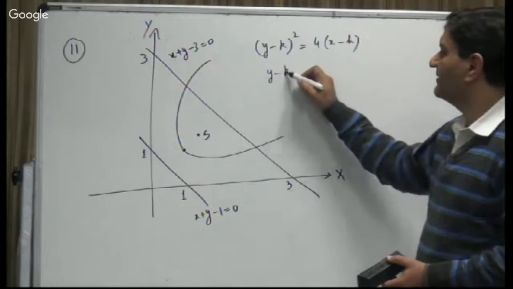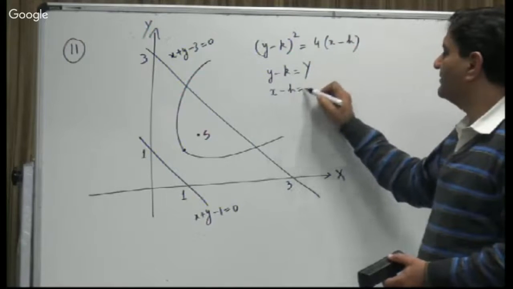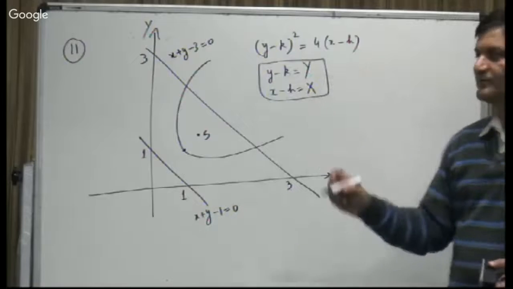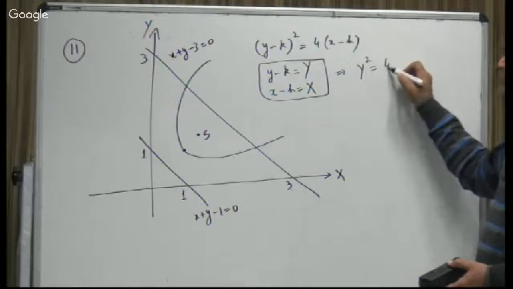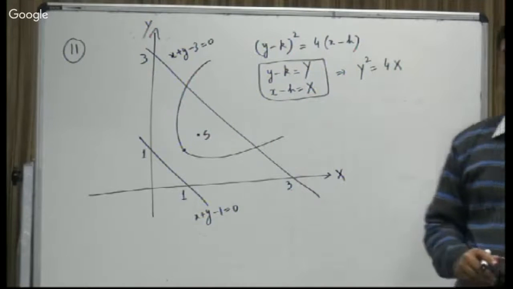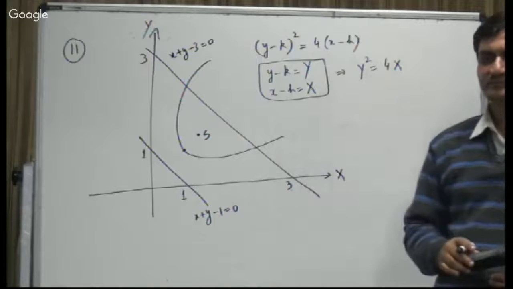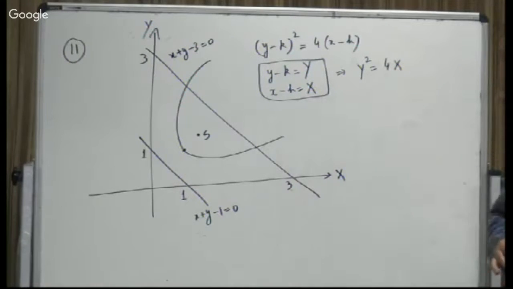Let y minus k be equal to capital Y and x minus h be equal to capital X. So if you make this substitution, this equation will become Y square is equal to 4X. Is that clear? Y square is equal to 4X. Now tell me what will be the coordinates of the focus in this case?